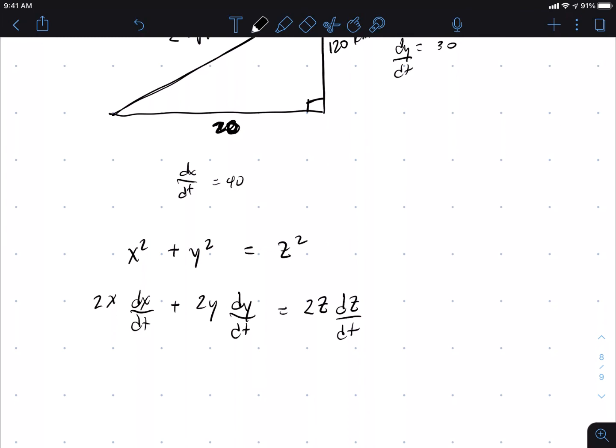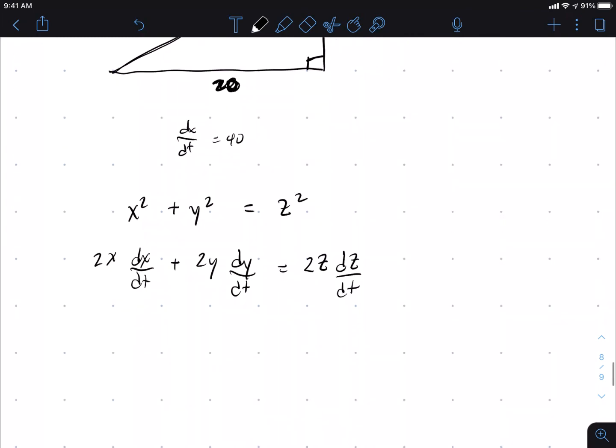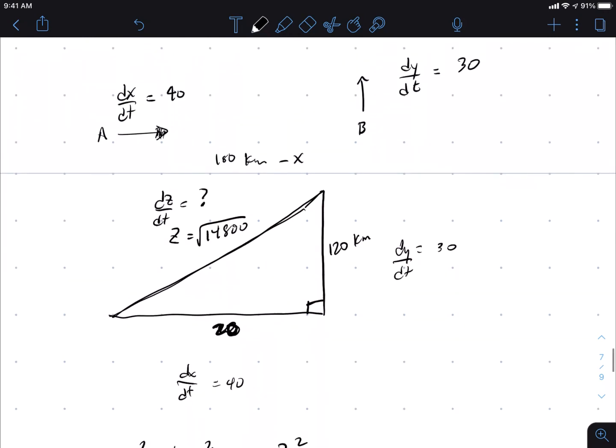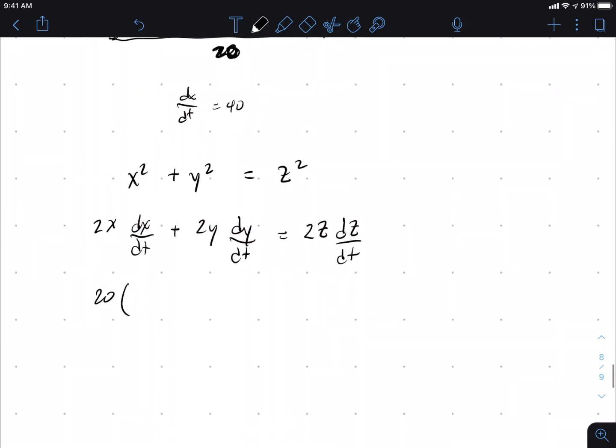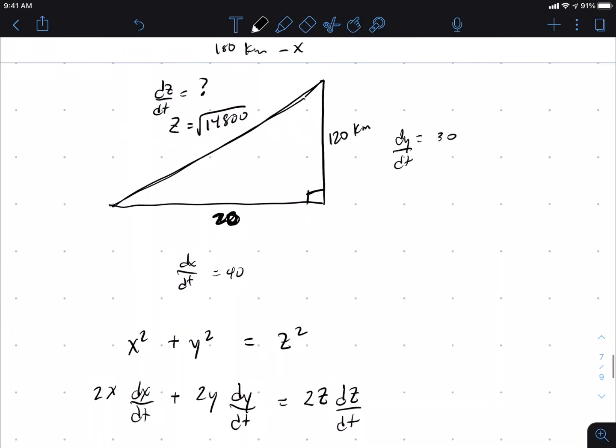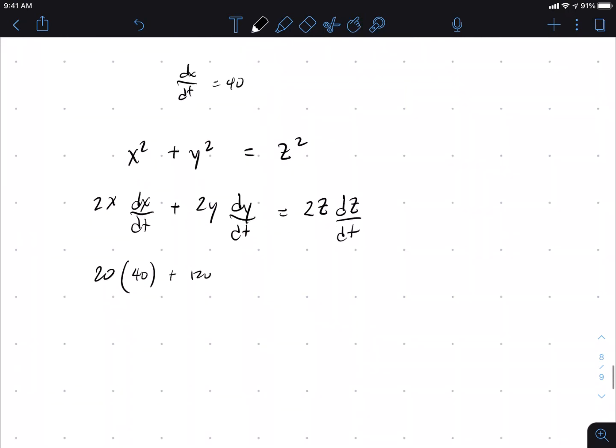I guess I could have done it that way. That's okay, doesn't matter. What is my x? For me, it's going to be 20. The rate of change was what? It was 40. My y is 120. And this was 30.